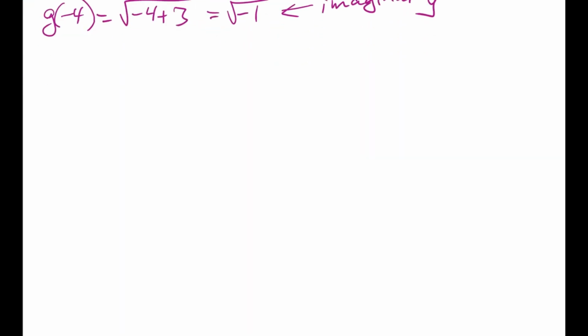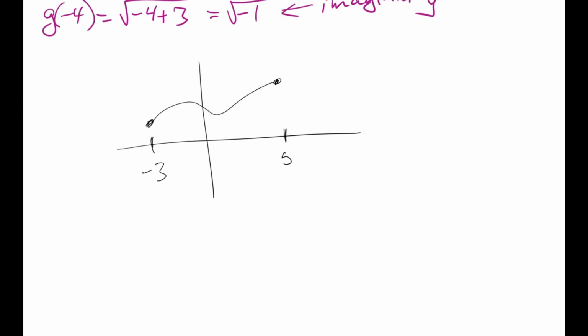Now, as far as what if the function's graphed? Well, if the function's graphed, then the domain, so we have some function here, maybe it stops here and here. So maybe it starts at -3 and ends at 5.